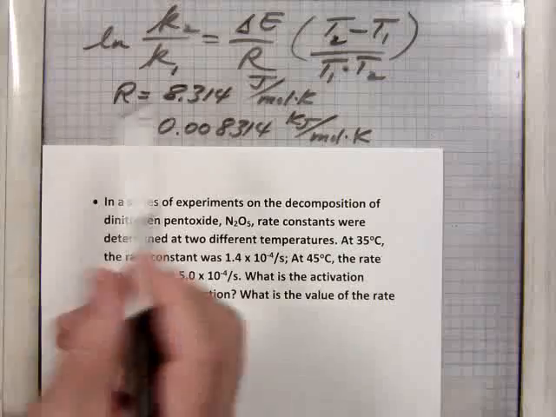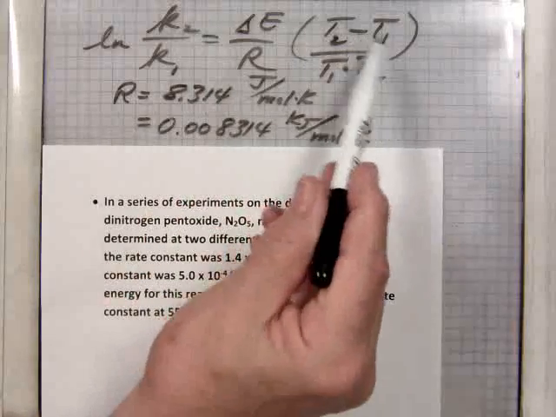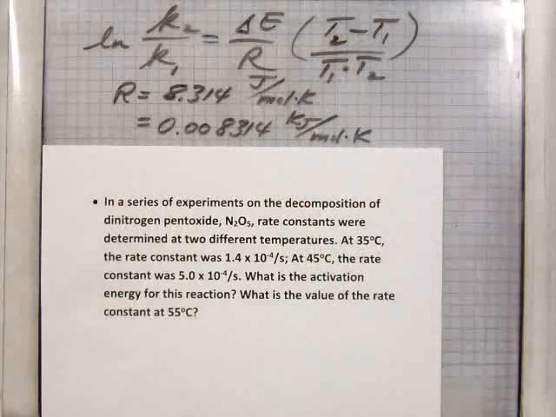So you have K1, K2, T1, T2, and R, and so you simply solve for the delta E in this problem.